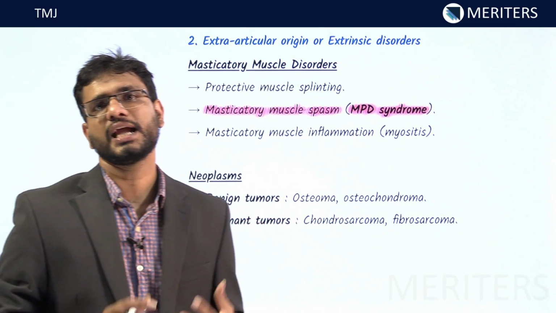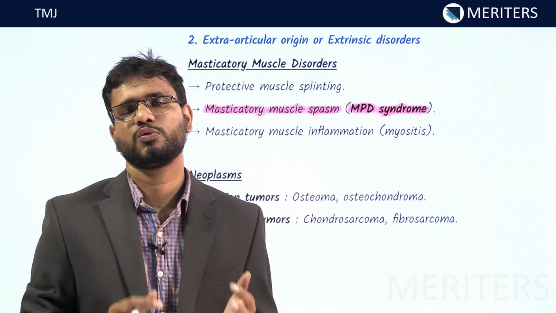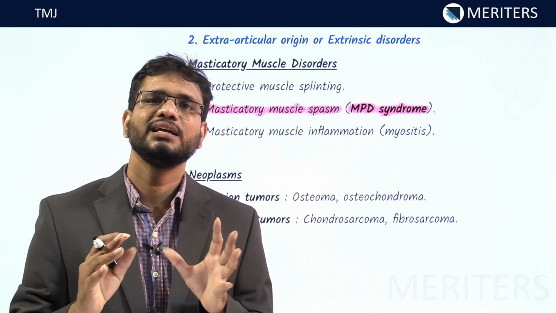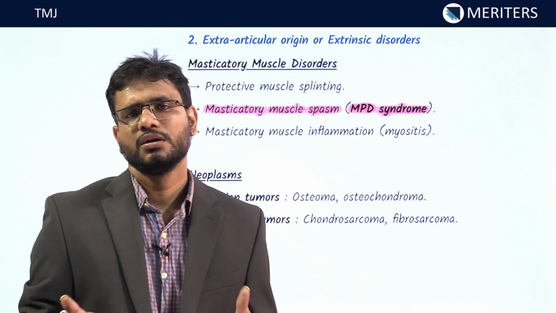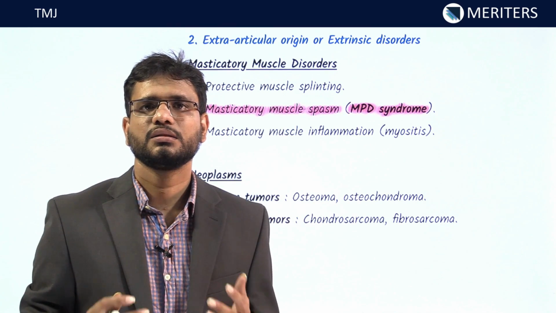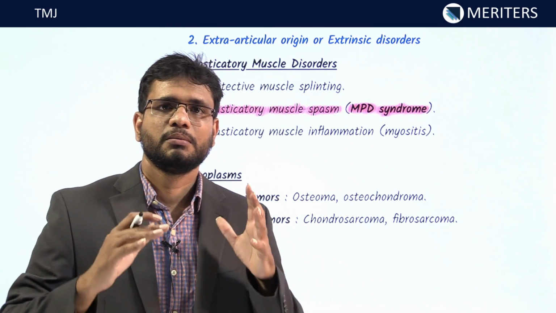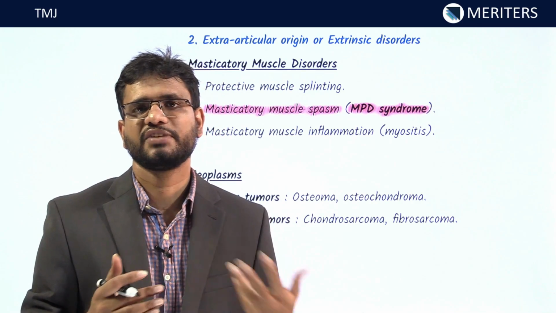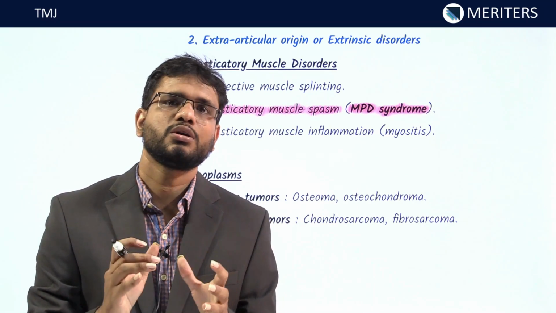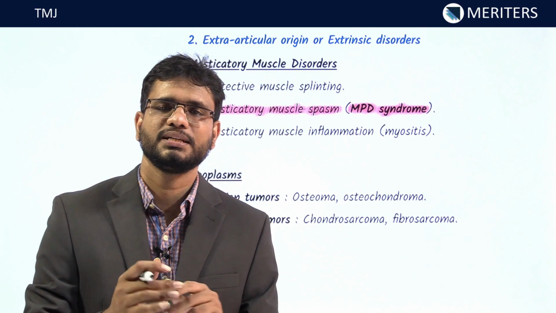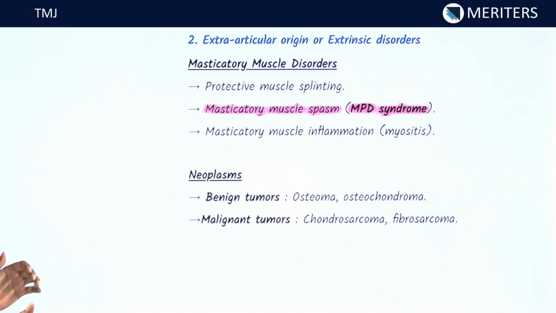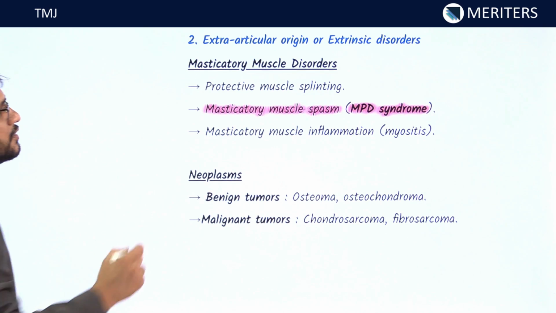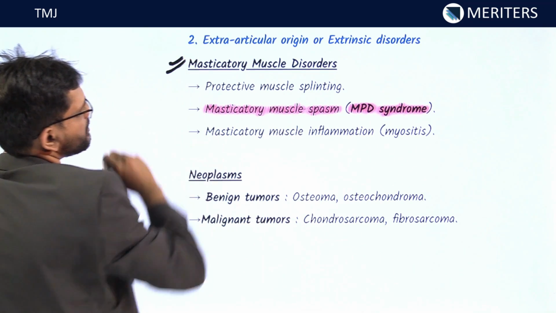Now the diseases of extra-articular origin are of course beyond the scope of the TMJ cavity, or we can say beyond the scope of the capsule, right? So what can that be? The problem in the TMJ is because of defects in structures which are not within the TMJ capsule but beyond it, and that is known as extra-articular origin or extrinsic disorders. First of all, masticatory muscle disorders.